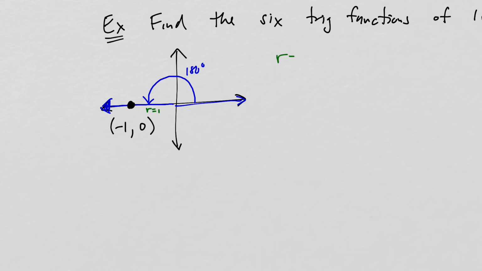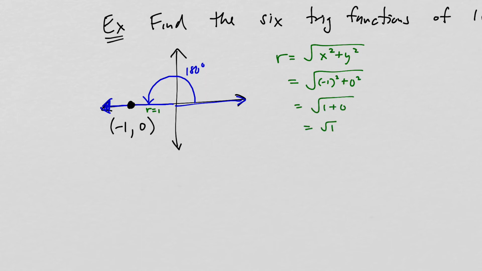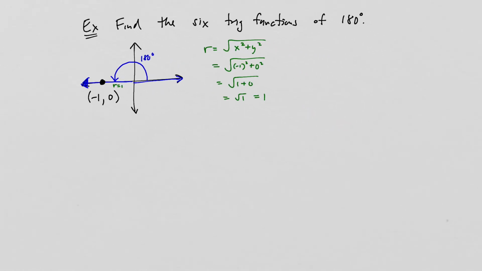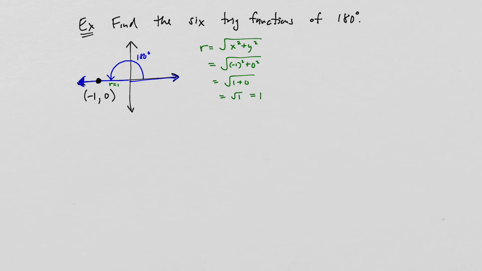Now again, you can find r by using the formula. So the point here is I can use the formula to find r, or a lot of times we can figure out r more easily by simply looking at the picture. So at any rate, we have x equals -1, y equals 0, and r equals 1.